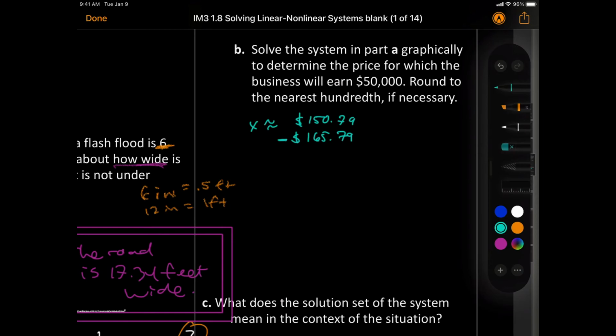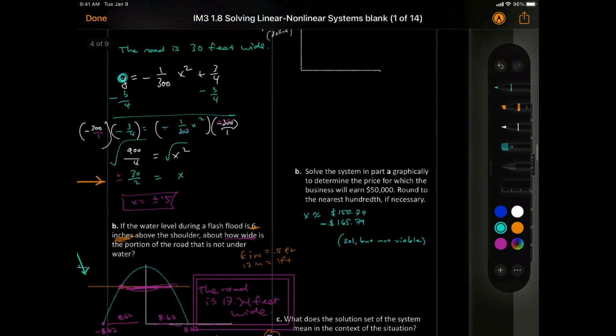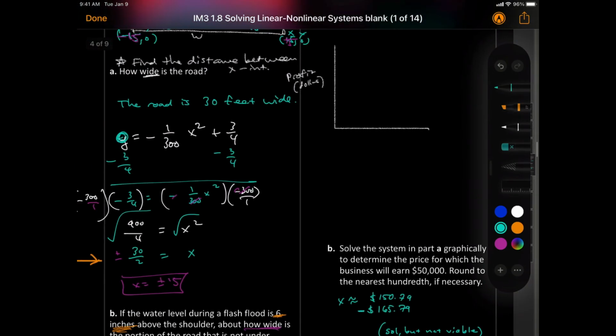Does that make sense? So although it's a solution, it's not a viable solution. Solution, but not viable. It wouldn't make sense. Why would I give away money to make 50,000?